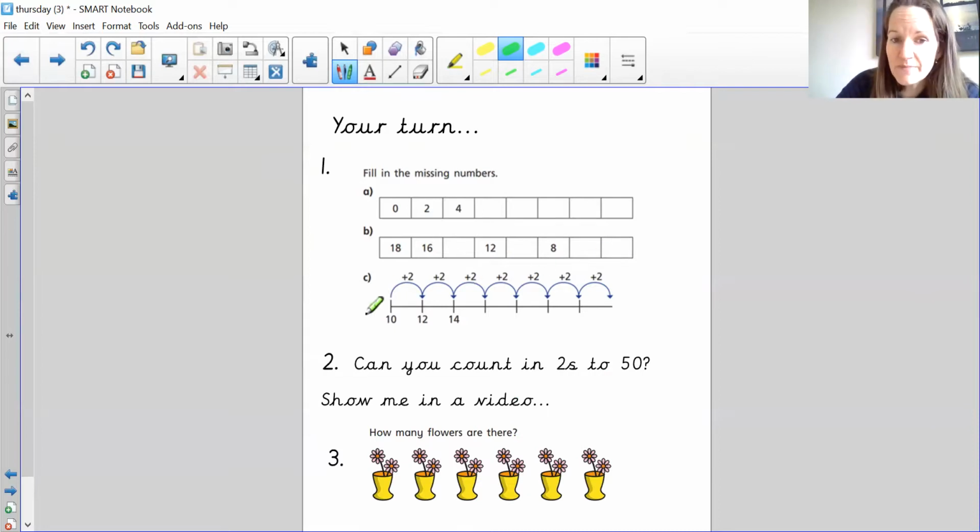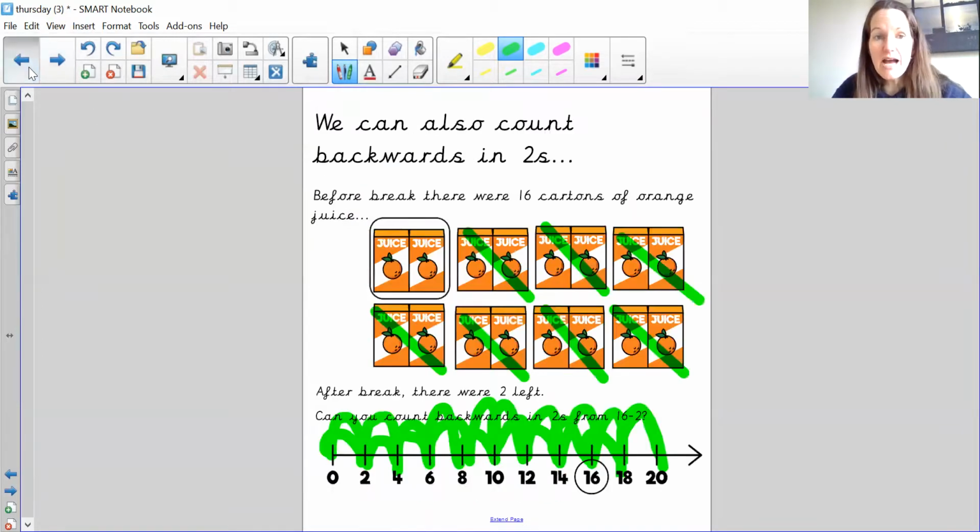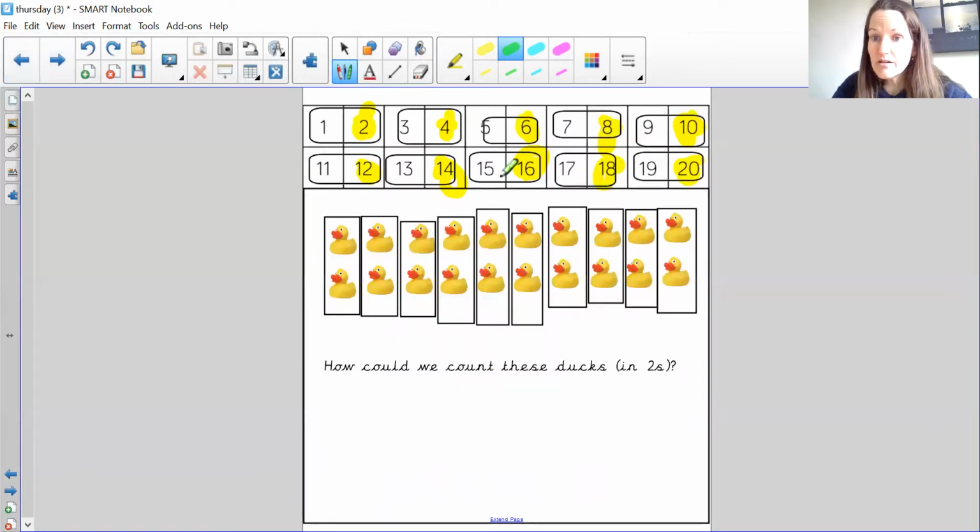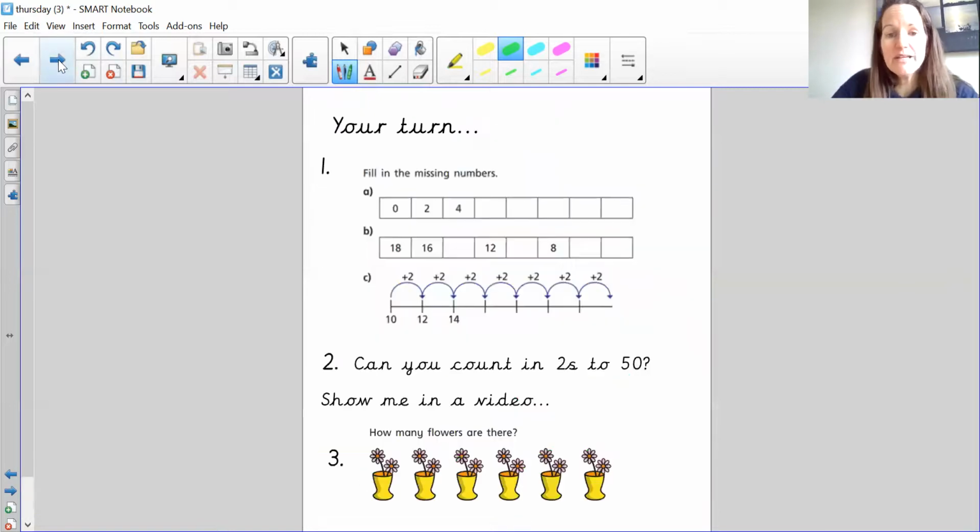And then the next one is a number line, and it's starting at 10, and it's counting up by 2s. So remember, if you have your 100 square or a square like that, you can use that to help you, okay?